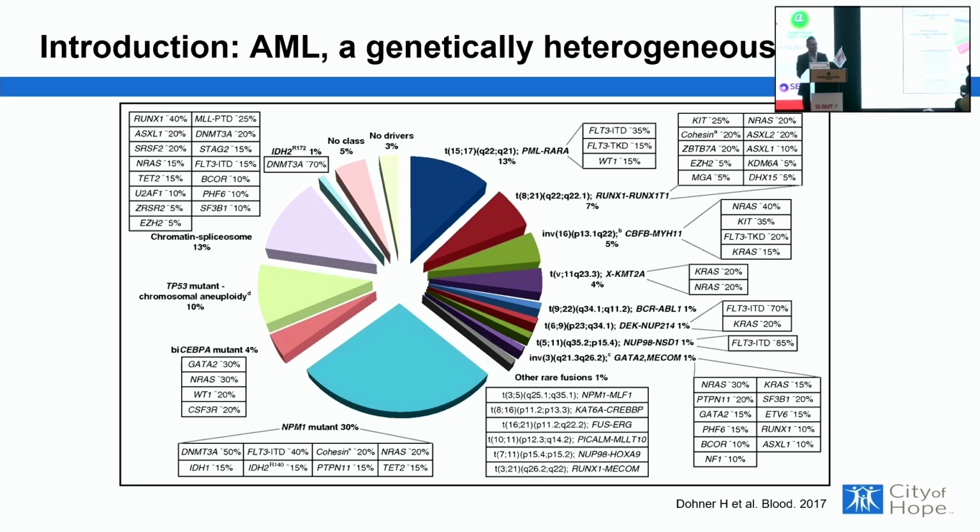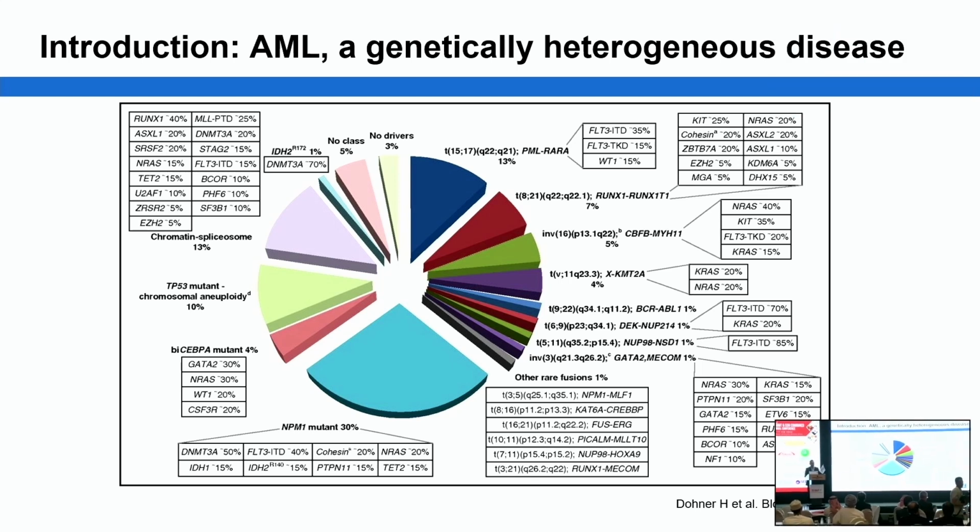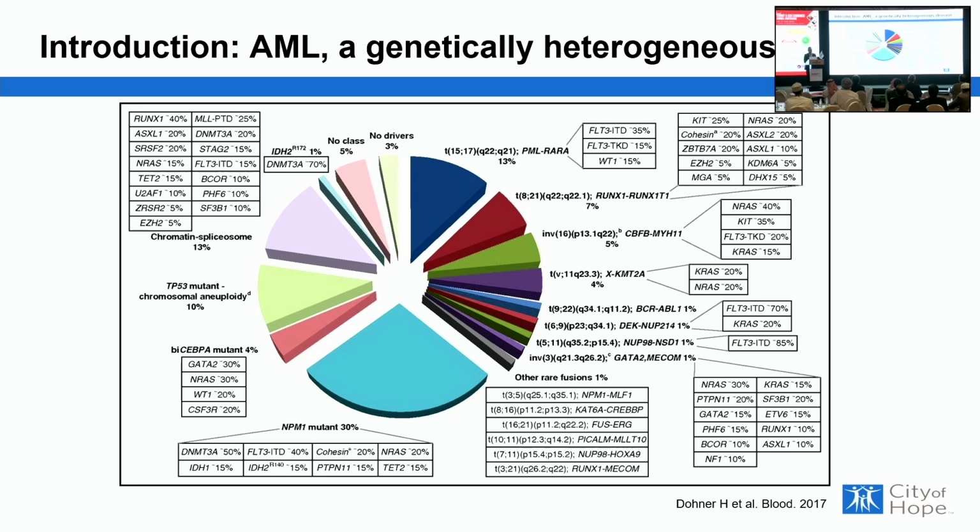With this slide, I show you the most known mutations in AML, including the incidence of each. The indication for that is that this disease is genetically heterogeneous, and we get to know this disease more and more.